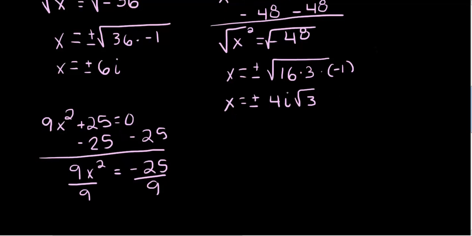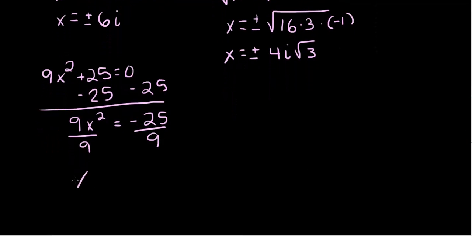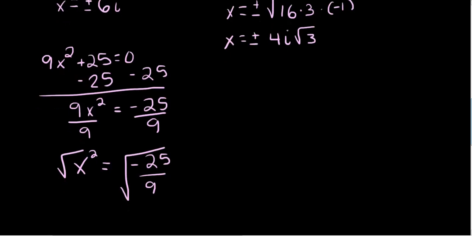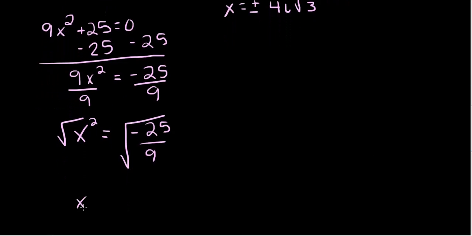So then we will have x squared equals negative 25 over 9. And then we are going to square root both sides. So then we will have x equals plus minus, the square root of 25 is 5, the square root of 9 is 3, but we also had a negative, remember, so then it will be the letter i, the imaginary i.